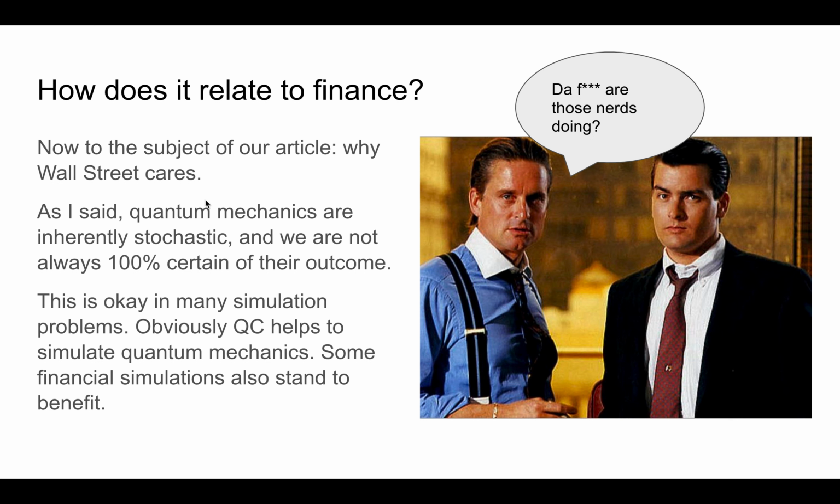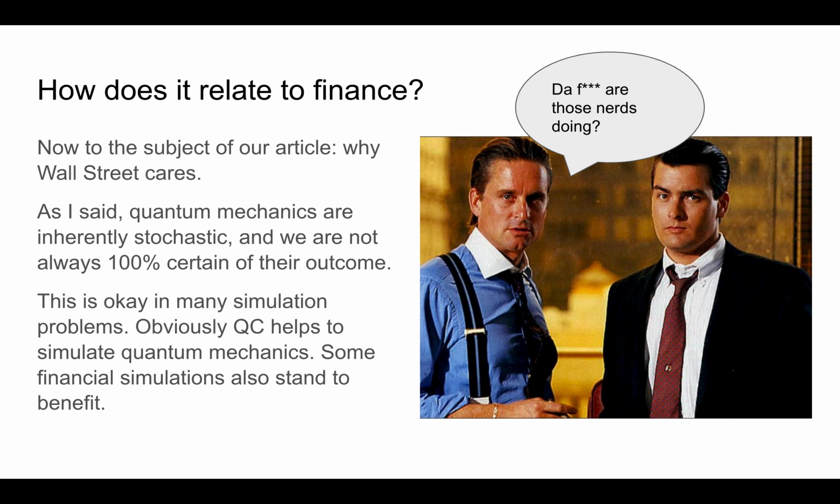So, yeah, why does Wall Street care about this? As I said, quantum mechanics is inherently stochastic. So we're not 100% certain of the outcome. They won't give us really determinate computation, which is why I think we might still use classical computation alongside them.